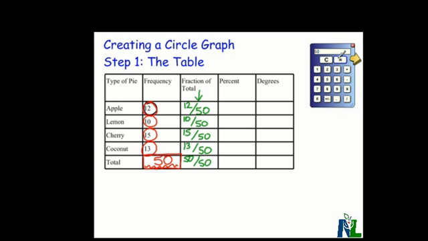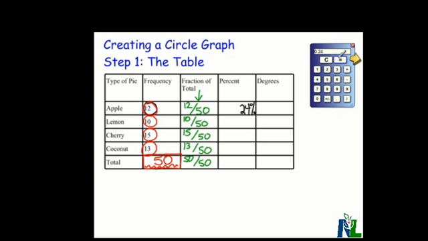Next, we're going to find the percent. And there are two ways that we can do that. We can take the numerator on our calculator and divide by the denominator. So if we do that now, we'll get 12 divided by 50. And that'll give us a decimal. So if you notice, 0.24 is the decimal, and as a percent, that works out to be 24%.